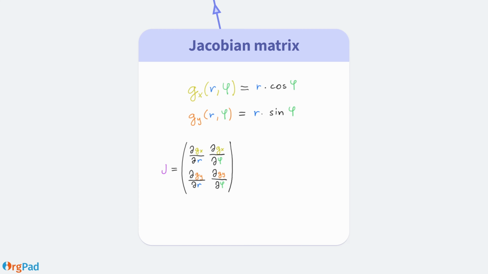When computing a partial derivative for some variable, the other variables behave as constants. So in our example, partial derivatives for r remove r and preserve cosine phi and sine phi, while deriving for phi keeps r and switches between cosine phi and sine phi.